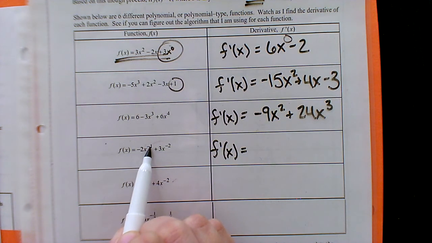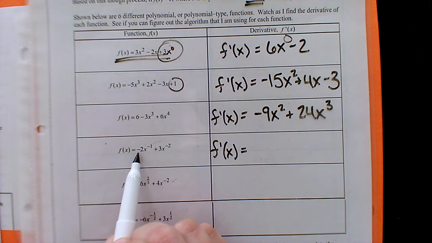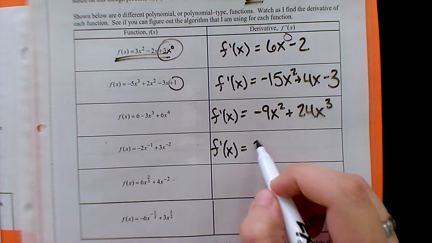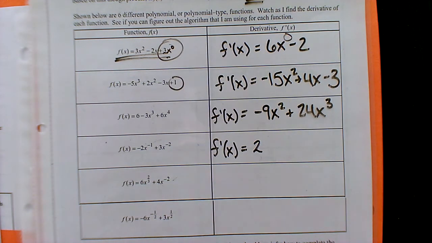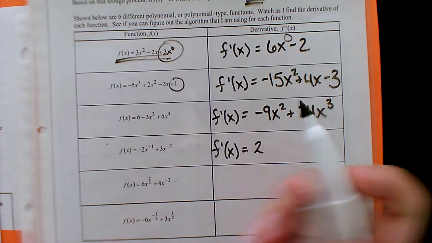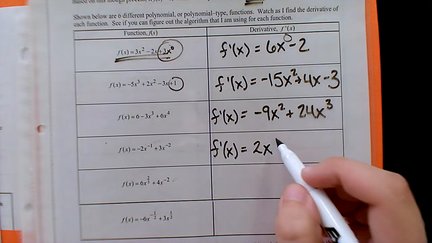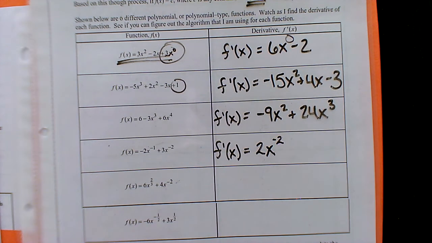If you were to take the power of negative 1 and multiply it down to the coefficient of negative 2, that would end up being a positive 2, and you have to subtract 1 from that original power, which means your new power is negative 2.